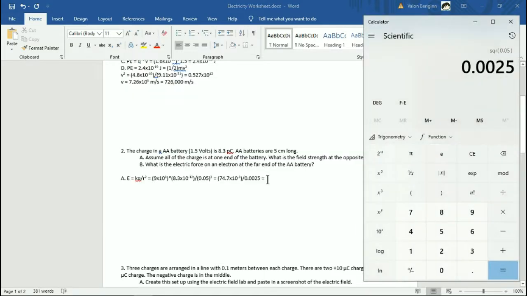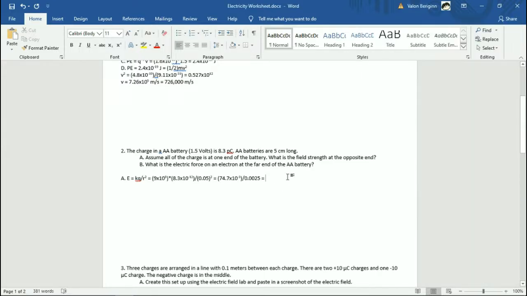So we have 74.7 times 0.001, divided by 0.0025. That's 29.88 newtons per coulomb. That's your strength of the field.